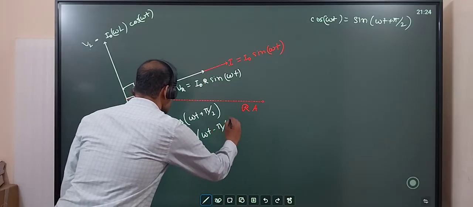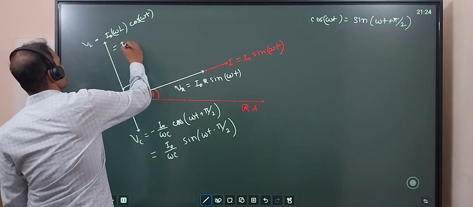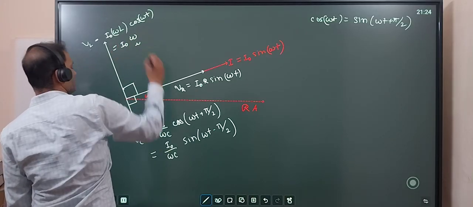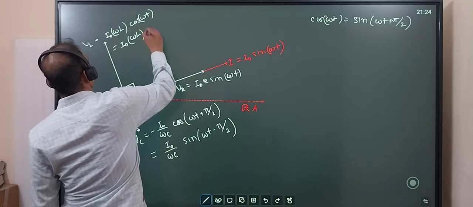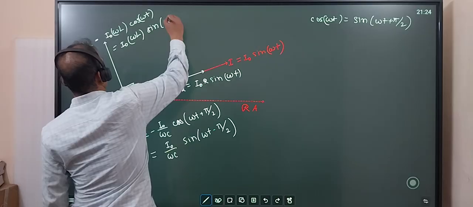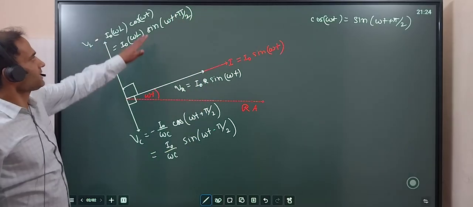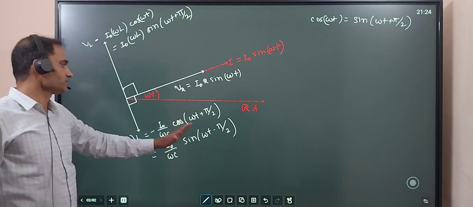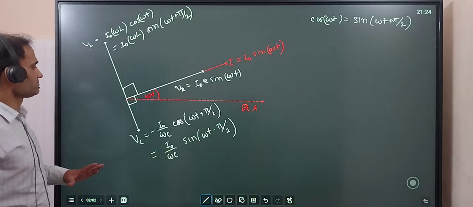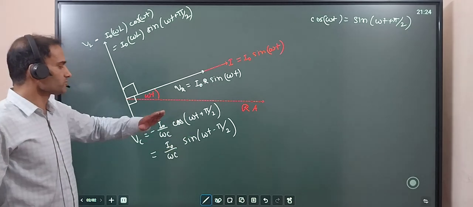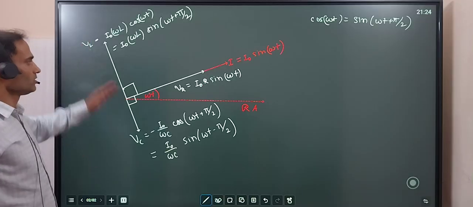So you can see that I will write here also in terms of sine. This is sine omega t plus pi by 2. This is sine omega t minus pi by 2. And if you write in terms of cos, we are getting a minus. There is no minus here. So they are just opposite.